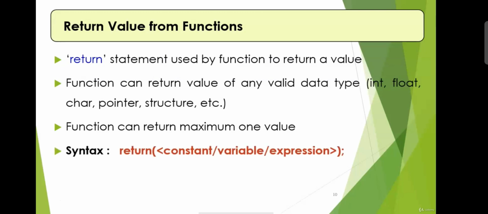The syntax of the return statement is like this: return is the keyword, in circular brackets mention the constant, variable or expression, and that value will be returned. There is a semicolon at the end of the return statement. For example, return(A). So whatever is the value of variable A, that value will be returned in this case.